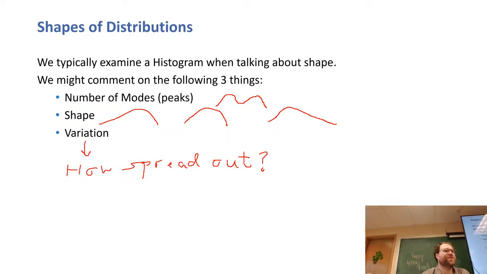So if you have a lot of values that are close together, probably going to be low variation. If you have values that are all over the place, it's going to be high variation.